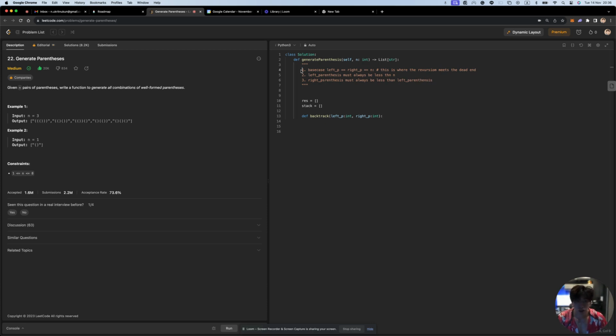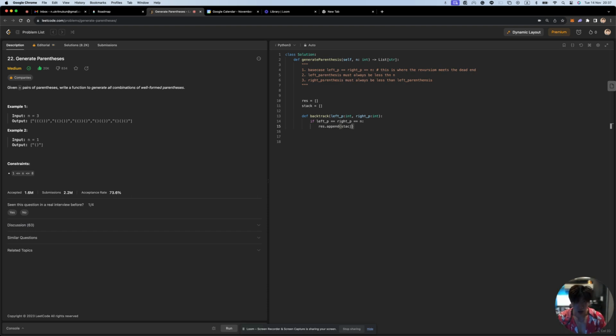We're going to start with the first if condition, the base case. We can say that if left parenthesis is equal to right parenthesis and equal to n, then we want to append that to the rest.